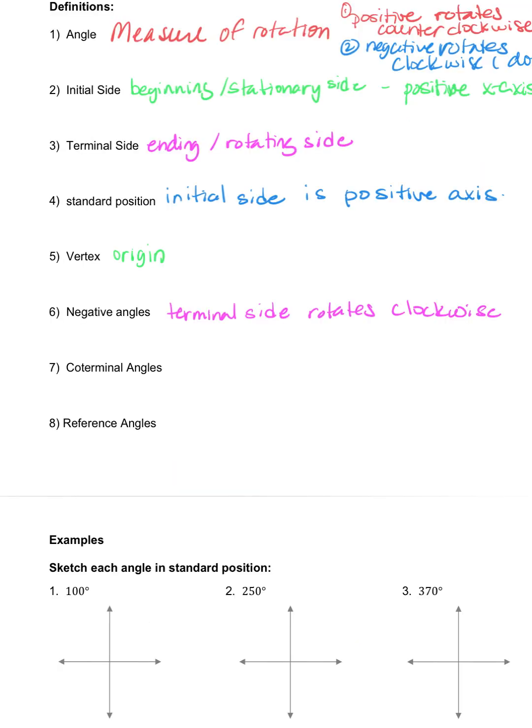We're going to start with coterminal angles. Okay, these are angles that share the same terminal and initial sides, but have different measures.